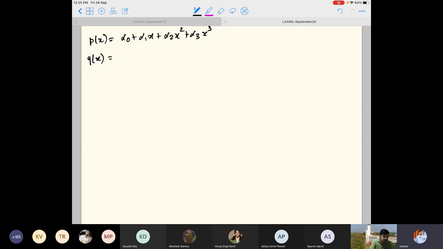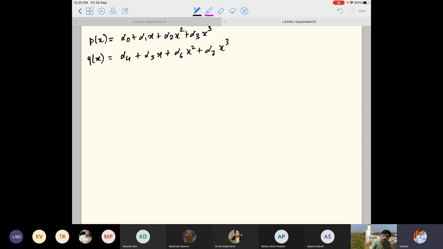And polynomial q(x) will look like, I'll continue with alpha because it will become easier for me, alpha 4 plus alpha 5 x plus alpha 6 x square plus alpha 7 x cube. So alpha 0, alpha 1, up to alpha 7. This is how these two polynomials are.